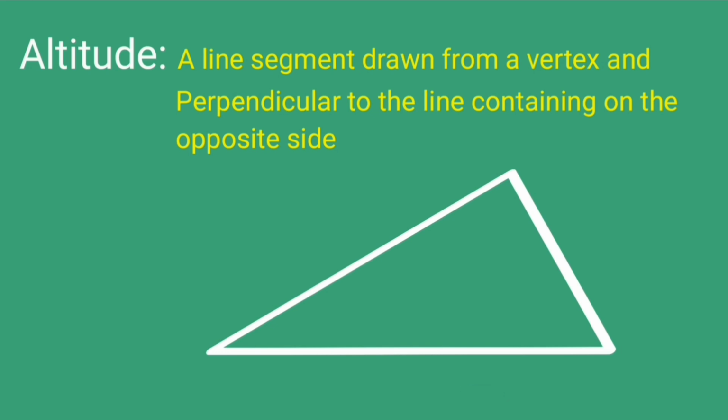Up to now, circumcenter and perpendicular bisector and its properties are completed. Next, altitude.